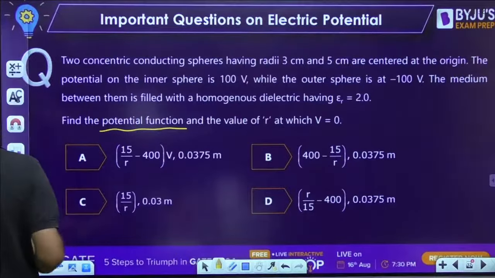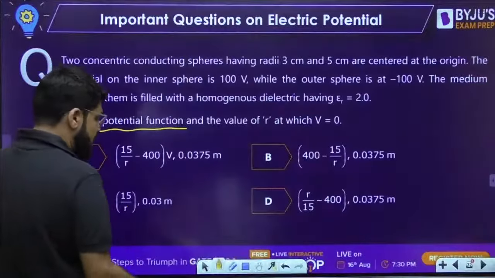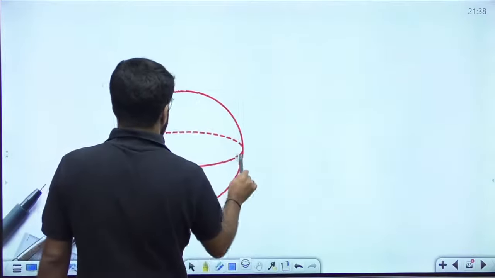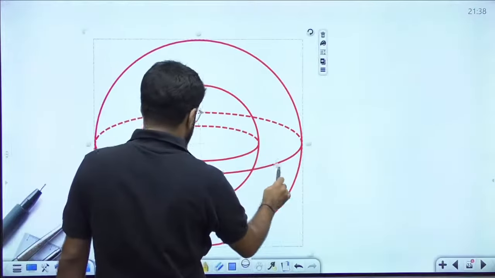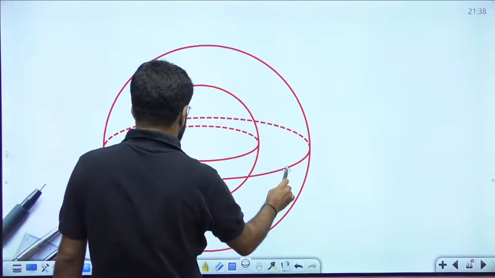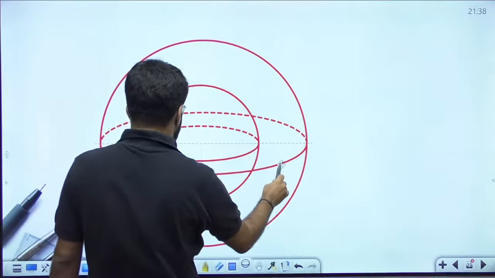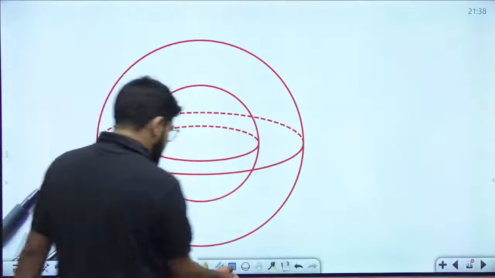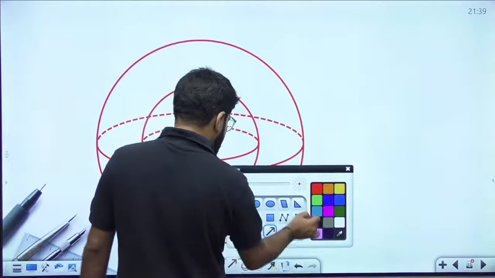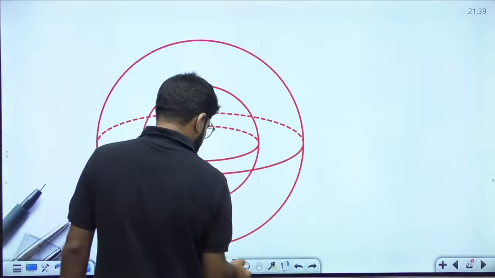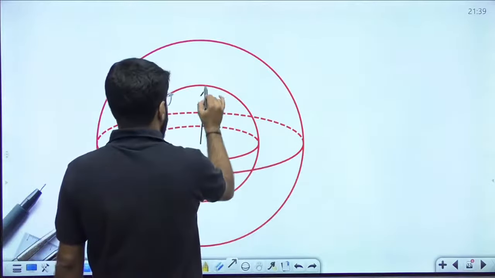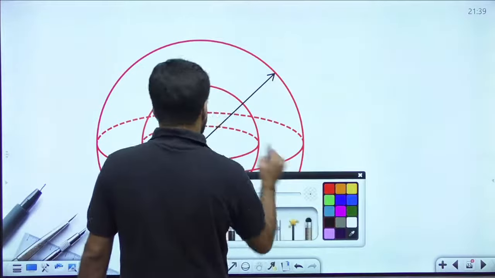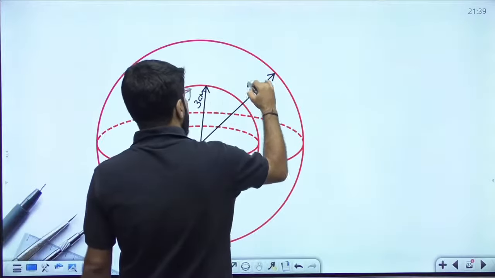Let's try to understand one point here: there are two concentric conducting spheres, having radii 3 and 5, one 3 centimeter and one 5 centimeter.